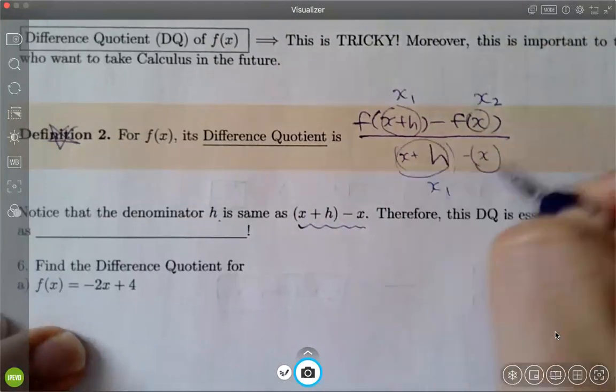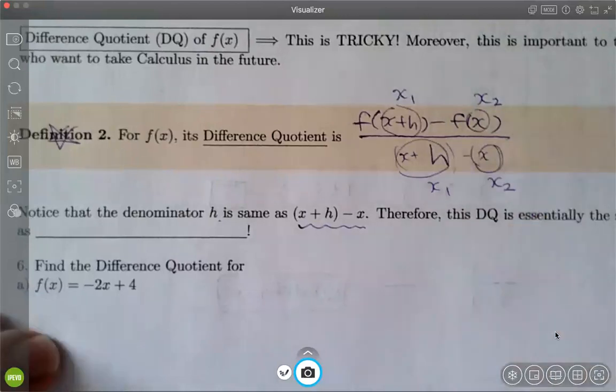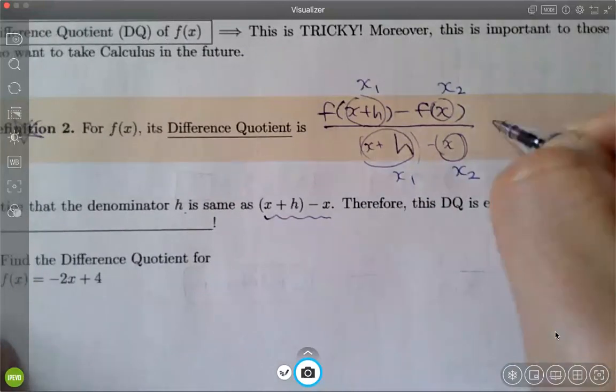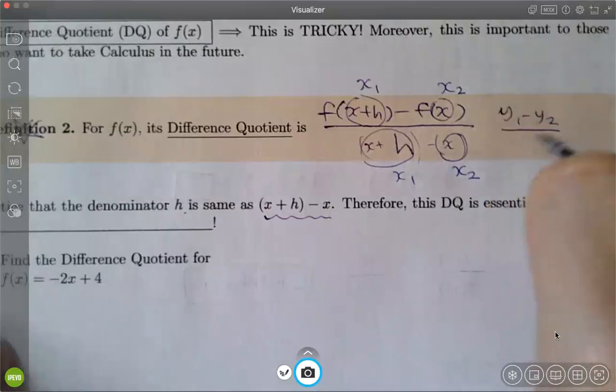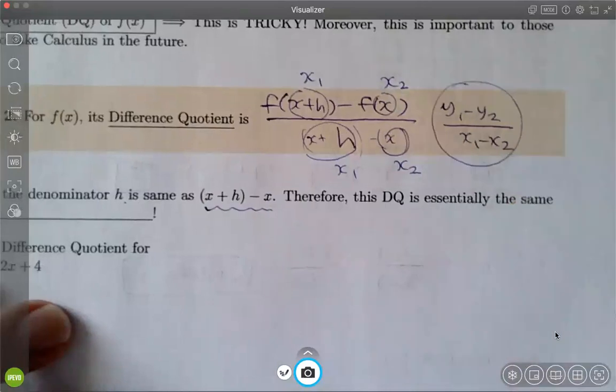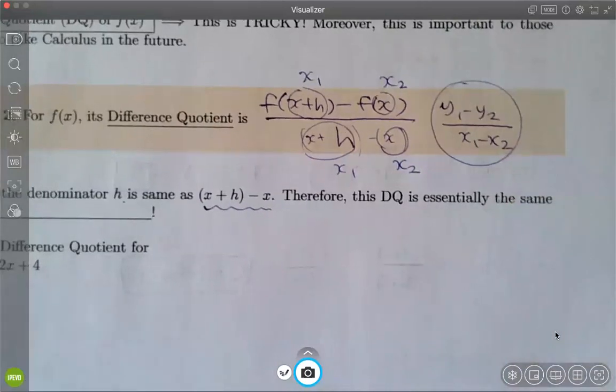It's f of x1 minus f of x2 all over x1 minus x2, which is kind of similar to what? y1 minus y2 over x1 minus x2. Now, have you seen this kind of fraction before? y1 minus y2 over x1 minus x2. Does it look familiar? What is the name of this fraction?